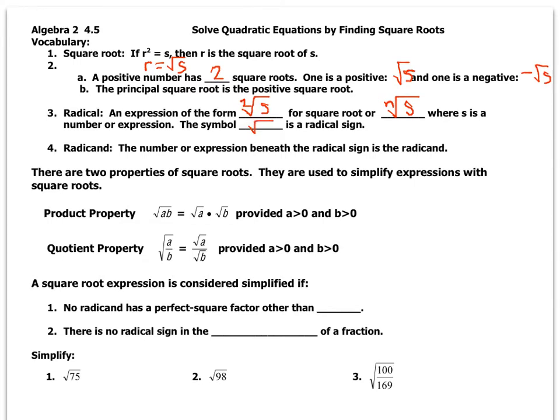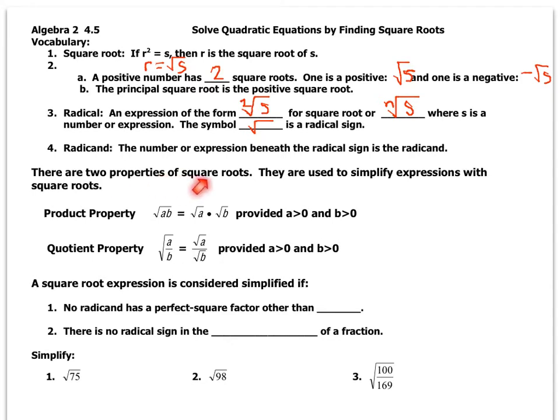And then we might make this right here a different number besides 2. When there's no number written here, it's a 2. When there is a different number here, like maybe a 3, that would be the cubed root. Or we could put a 4, that would be the fourth root of s. The cubed root of s would mean what times itself 3 times gives you that value. A radicand, another word here, that's the number or expression beneath the radical sign. And you talked about that last year in Geo.